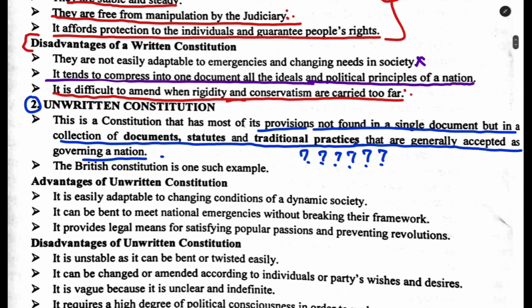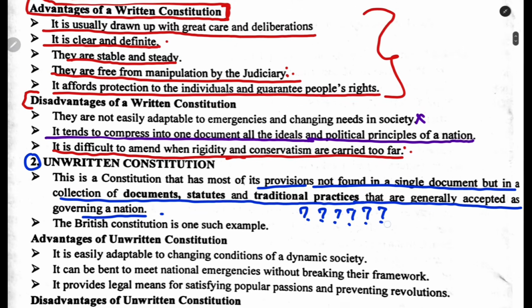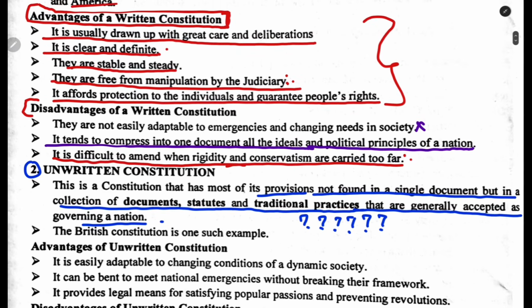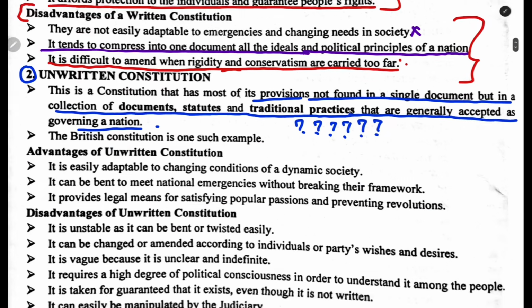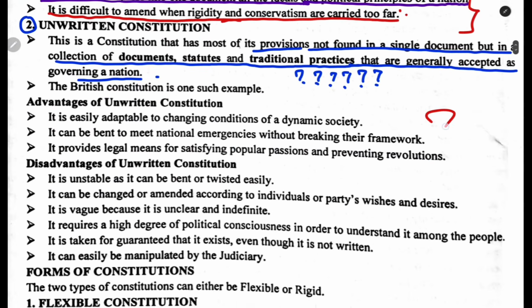Now, despite it not being written, being a collection of documents, statutes, traditions, practices, there are advantages of this. At this point, I should mention that the advantages of the unwritten constitution are the opposite of the disadvantages of the written constitution. You can look at it that way.